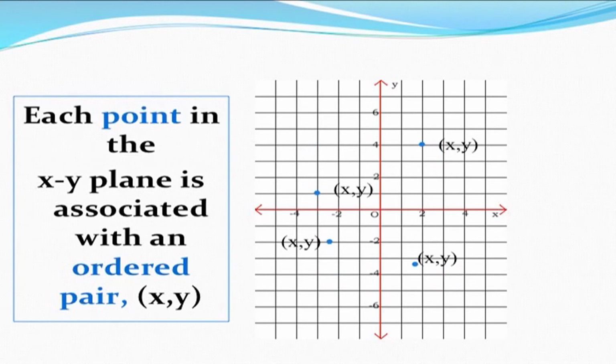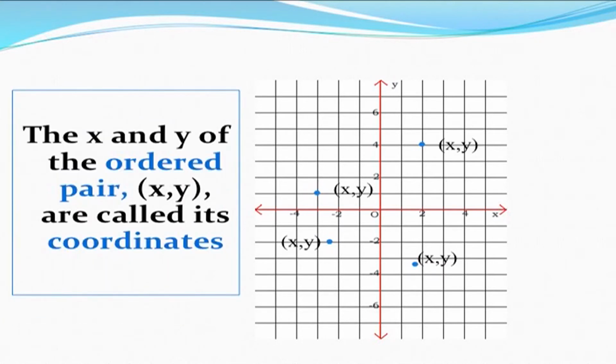Each point in the xy plane is associated with an ordered pair (x, y), as here we can see different points in four quadrants. They are represented by the ordered pair (x, y). The x and y of the ordered pair are called its coordinates.